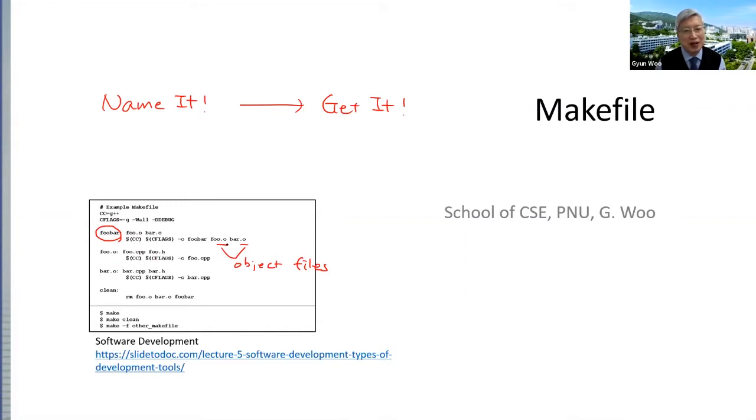And how to get these objects? Just name it. This object is compiled using foo.cpp with foo.h. How about bar.o? You just name it bar.o, which is derived from bar.cpp and bar.h.